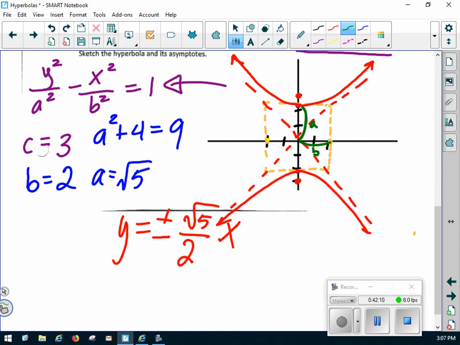B. Didn't we do rise over run? That's why I can just draw the box. Rise is A, run is B. Okay? If you can do what we've done here, you got hyperbolas.